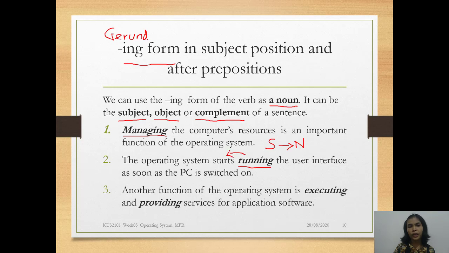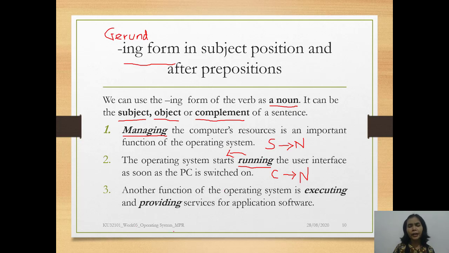So therefore, running over here is used as an ing form as a complement, and it's used as a noun. So noun as complement for this type of sentence. So to complement the word start, you use the word run, or running over here.